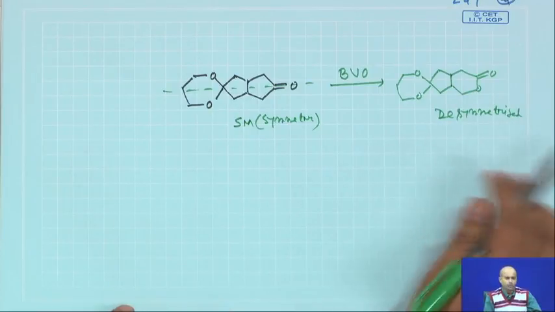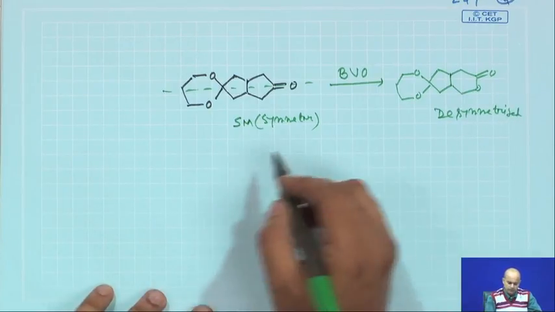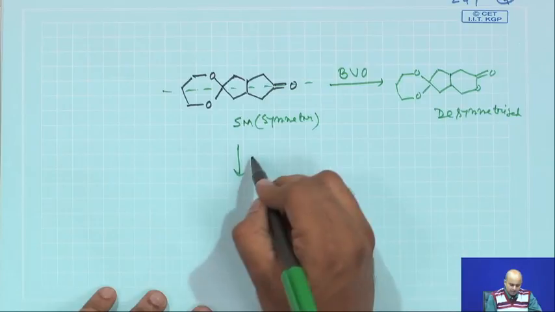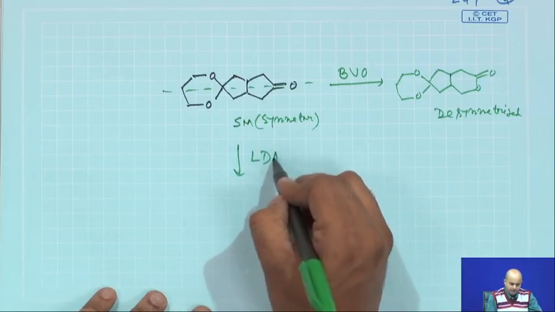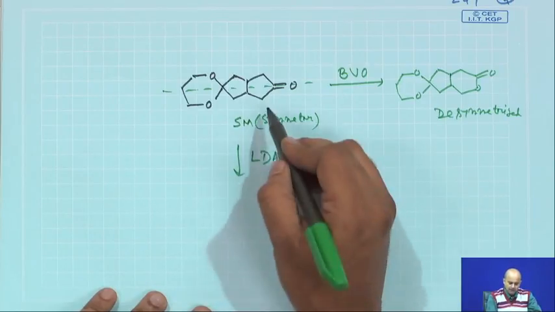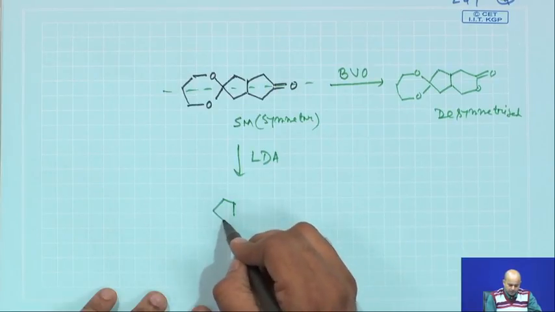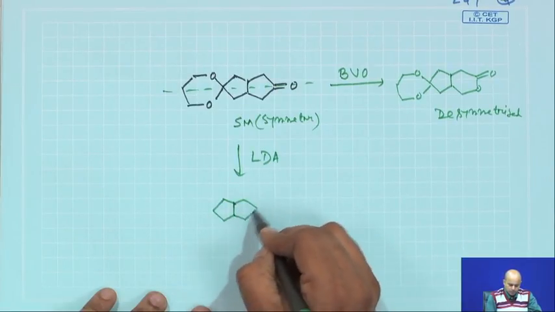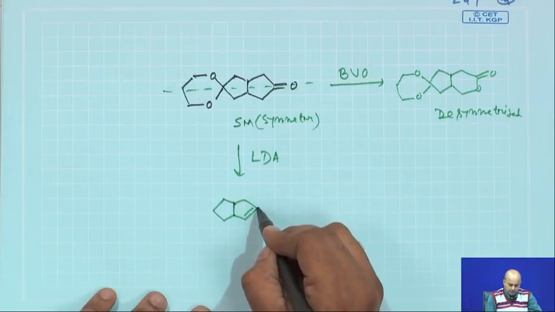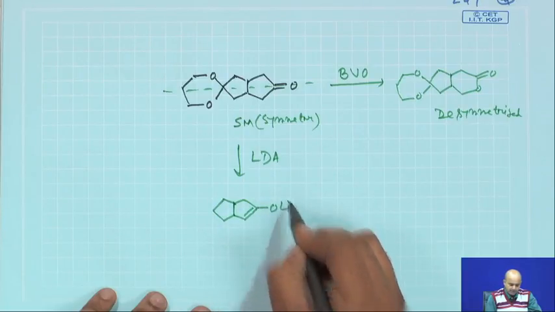Because nothing new is always known, actually. Now, I am saying you treat this molecule with LDA. LDA will abstract this acidic proton to give you an enolate, OLi.